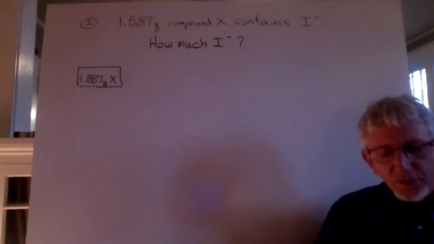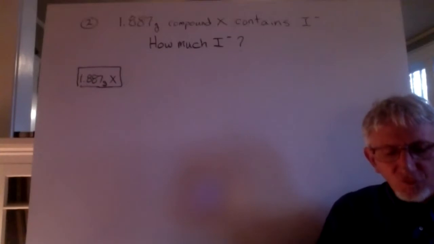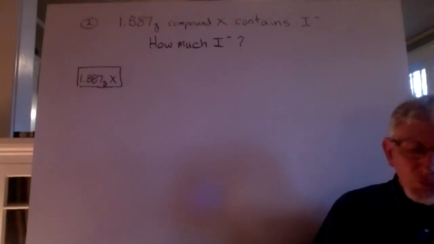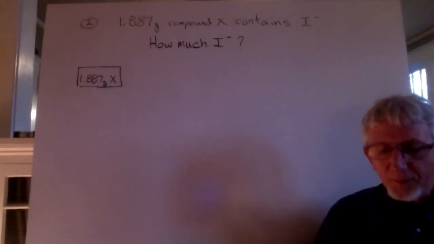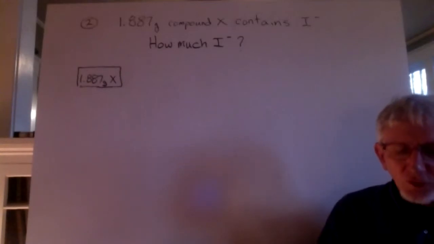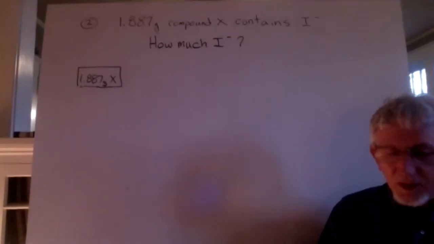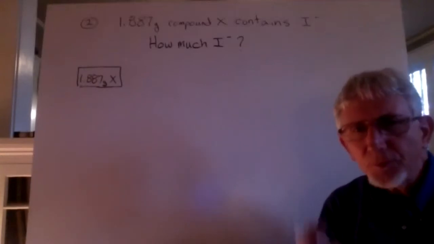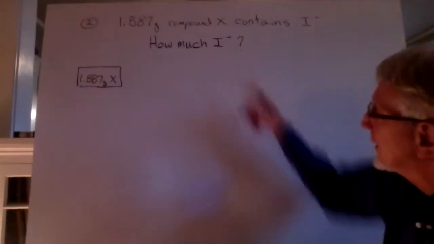And you're going to do that by adding an excess of one of these 2 compounds, lead nitrate or potassium nitrate. And then form a precipitate, and from that precipitate, determine how much iodide ion is in compound X. So we have to figure out what would be the best compound to use to precipitate out the iodide ion.